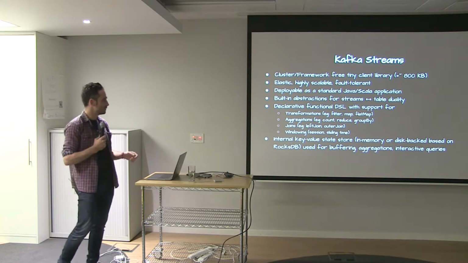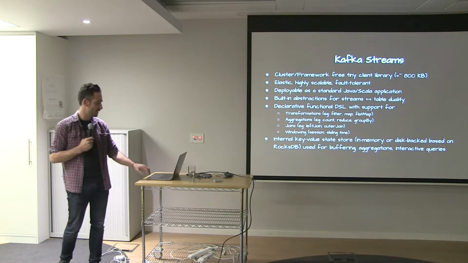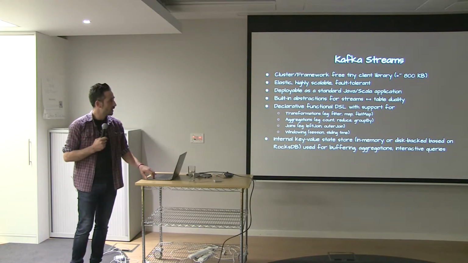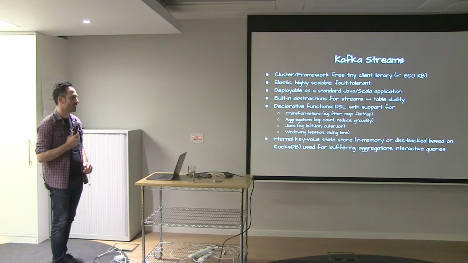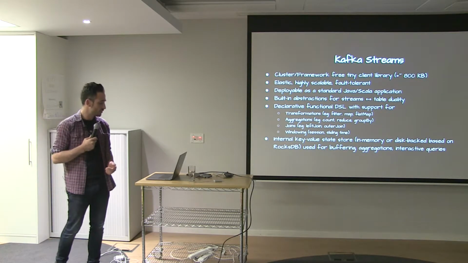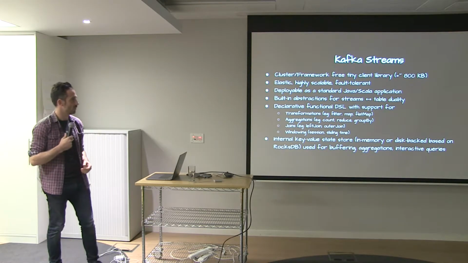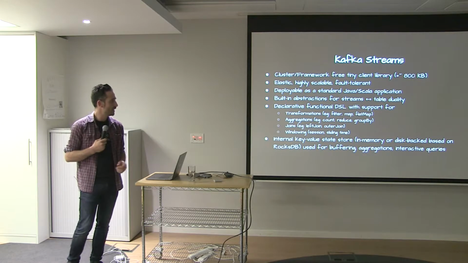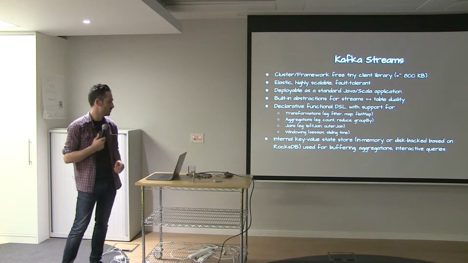There is a built-in abstraction called stream table duality that I'm going to show you in detail in an example. It provides a functional DSL with support for stateless operations like map, filter, stateful aggregations like group by, or operations to rekey. You can join streams and you can also apply windowing, sessions, etc.